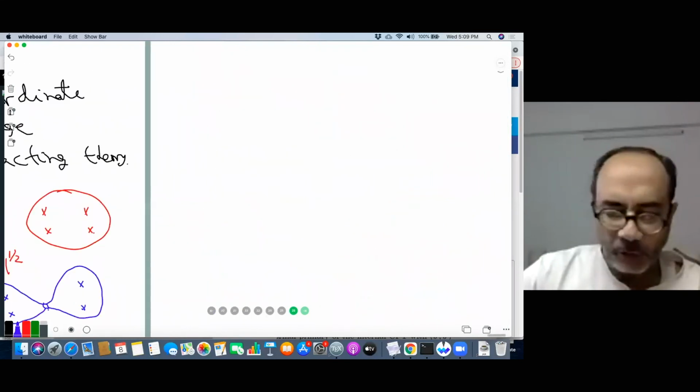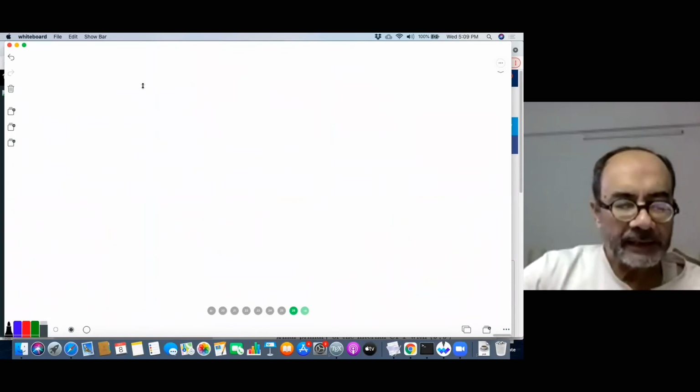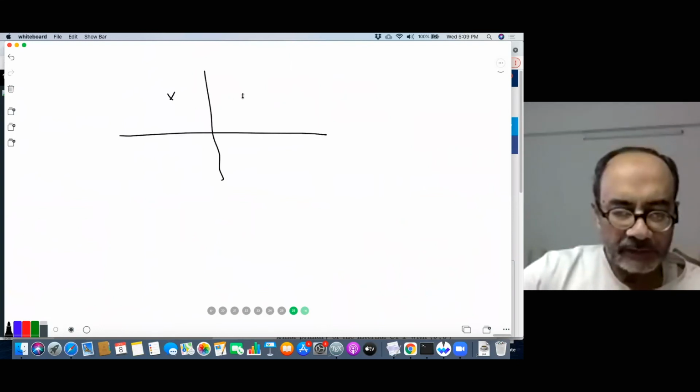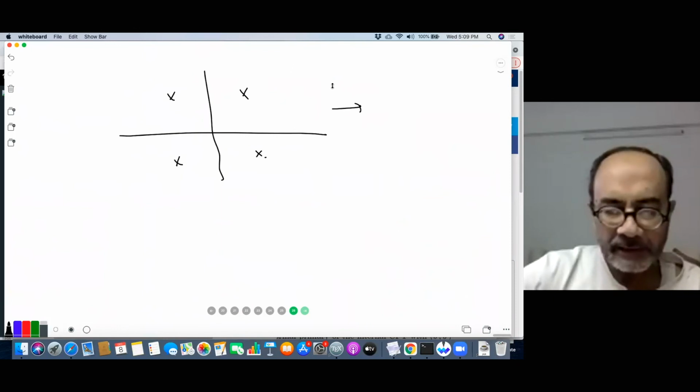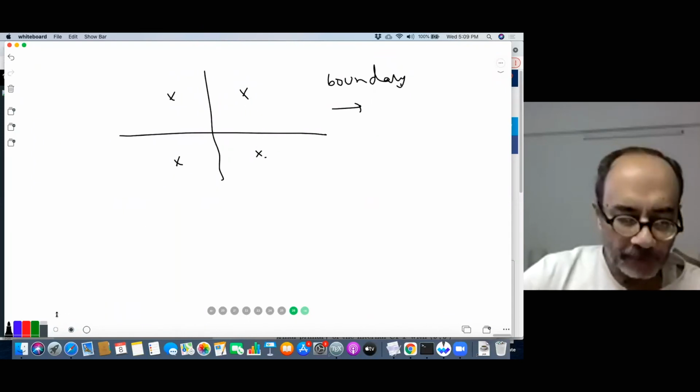There's also an interpretation of this. If you take a plane with 4 punctures, the boundary corresponds to when two of the punctures come close.